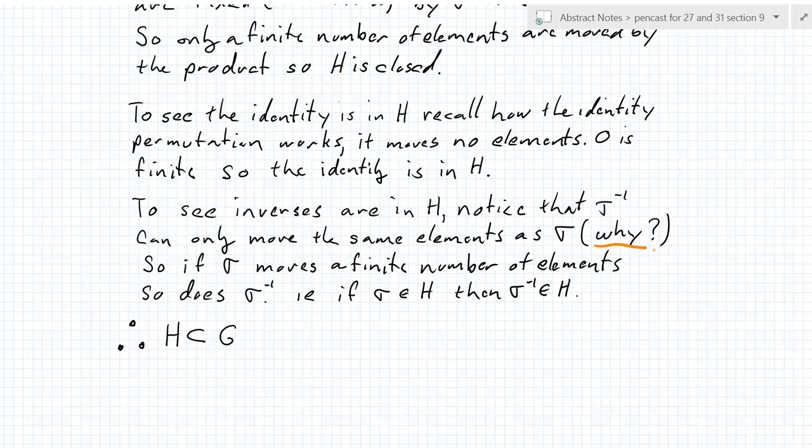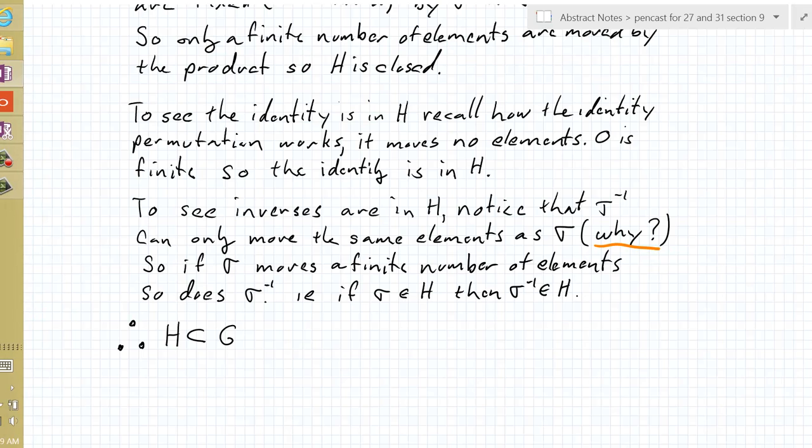So you should at least think it out and maybe even write down a proof as to why that's true. But that means since sigma moves a finite number of elements, then so does sigma inverse. So in particular, if sigma is in H, then sigma inverse is in H.